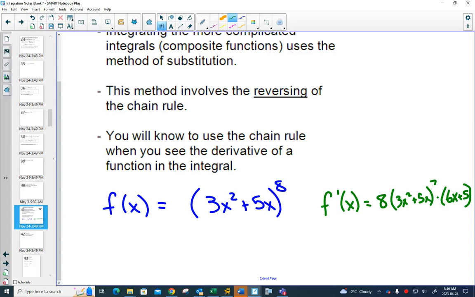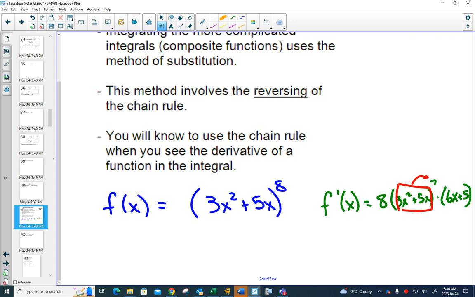And this idea of functions inside of other functions, composition of functions, is going to be the key for you recognizing that you have to use substitution, integration by substitution, to work backwards. One of the things that is going to be the key is to recognize in my answer, I have a function inside of another function.